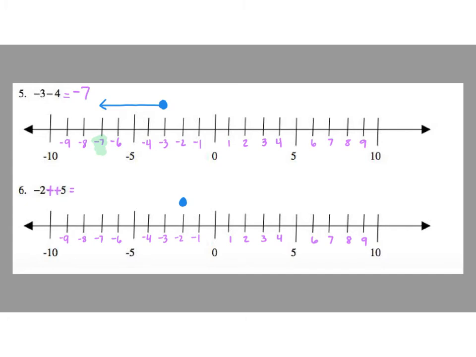So I'm going to move to the right 5 units. And when I do, I land at positive 3. So negative 2 plus 5 equals positive 3.